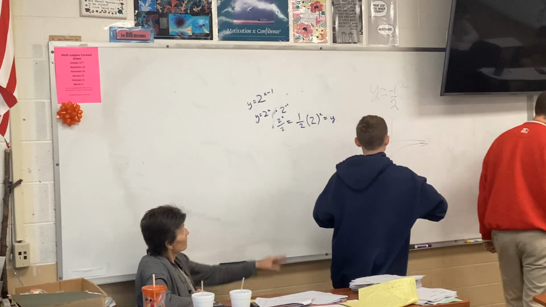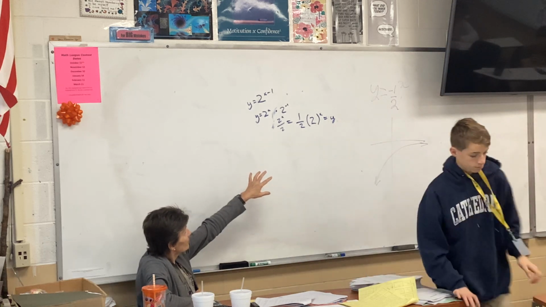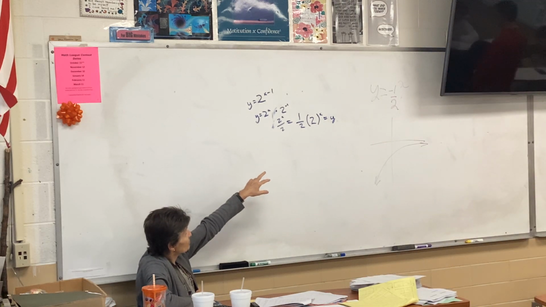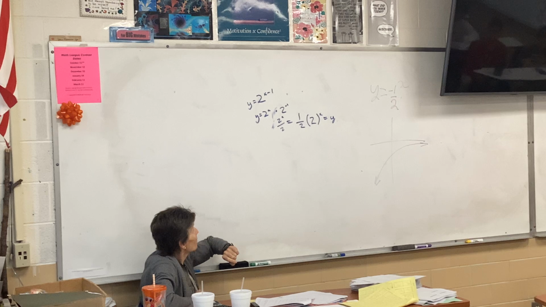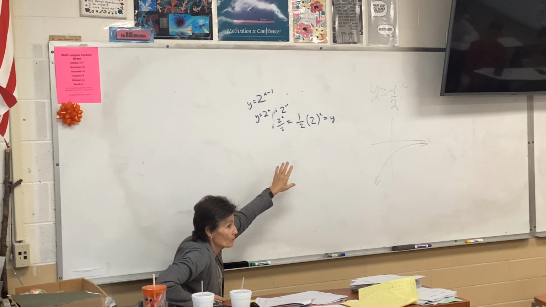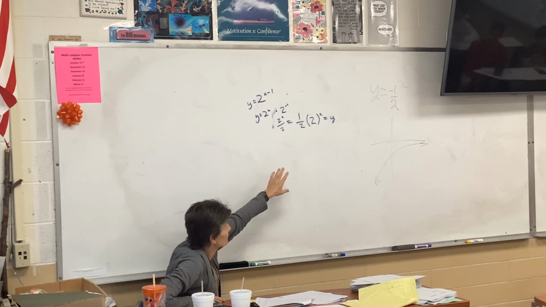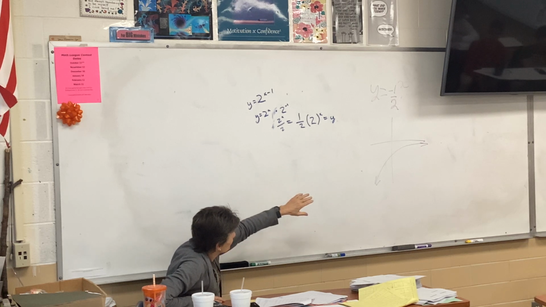What do we think about Al's equation? He said 1/2 times 2 to the x. That okay? We're talking about Al's equation, the blue one. We haven't gotten to the purple one yet.